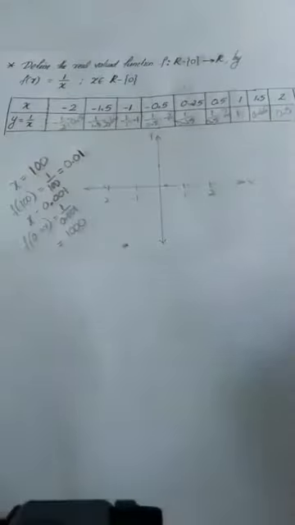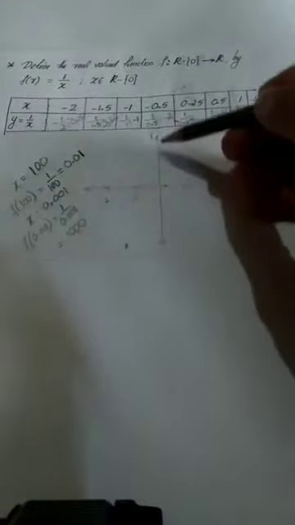This is 0.001. But what's the image of 0.001? We cannot find it because it is 1000. We cannot plot 1000 in a small line. So image of 0.001 is a large number. So it is maybe here.